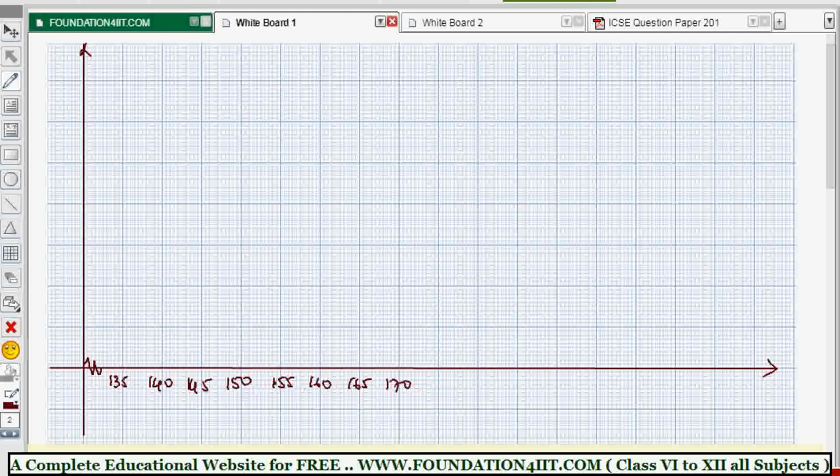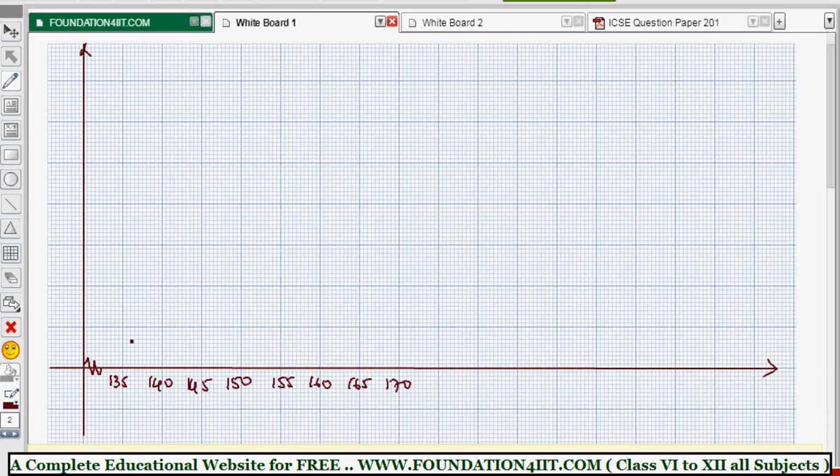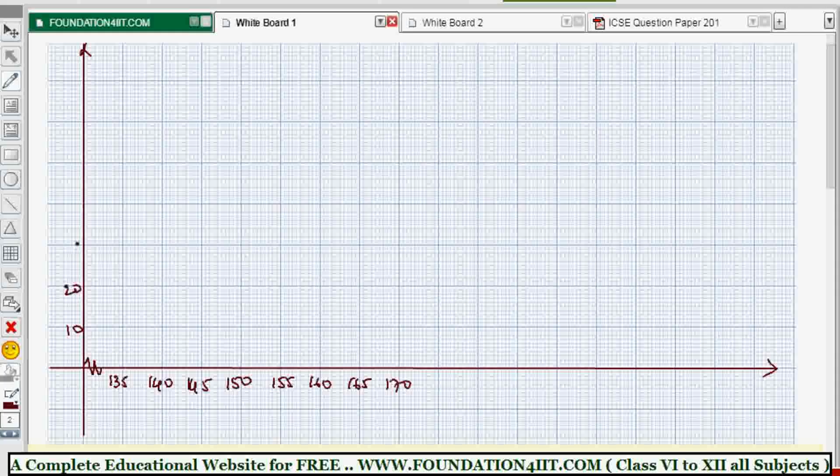Okay, this is the data. And from this side also the same: 10, 20, 30, 40, 50, 60, and so on.